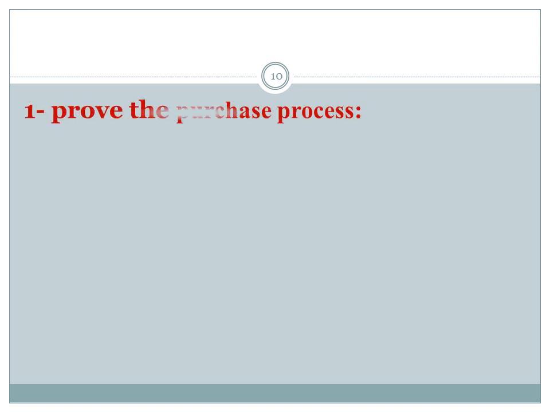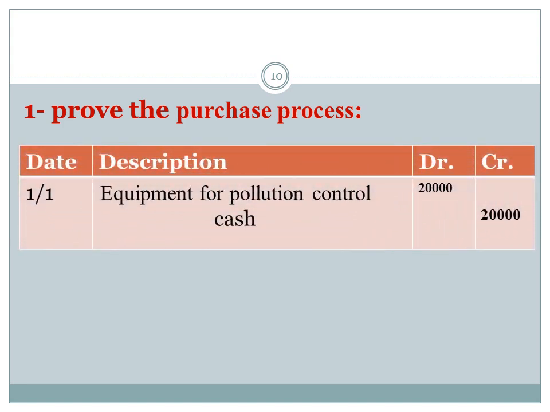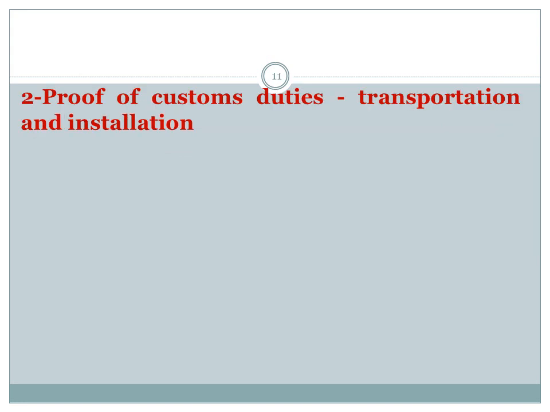First, purchase process. When we purchased filters or equipment for pollution control, it means the asset increases, it will be in the debit side. We paid this amount, so cash will be in the credit side. Second, there are some expenses related to an asset. These expenses are customs duties, transportation, installation.